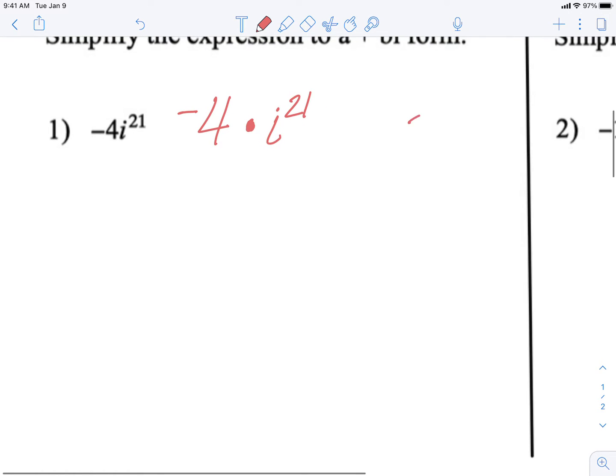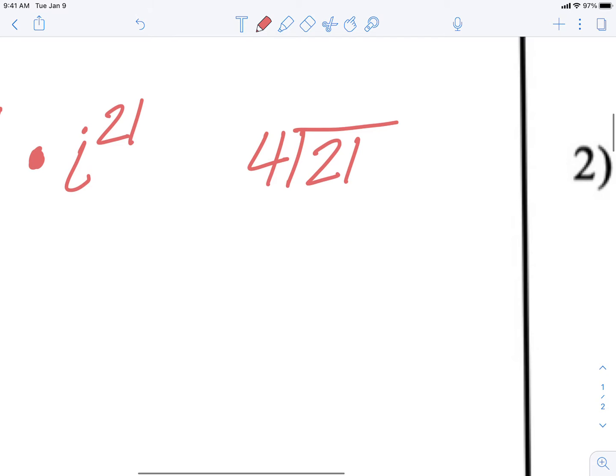So I know that I'm going to take 21 and I'm going to divide it by 4. So 4 can't go into 2, but 4 can go into 21 5 times. All right, 5 times 4 is 20. And 21 minus 20 is 1.